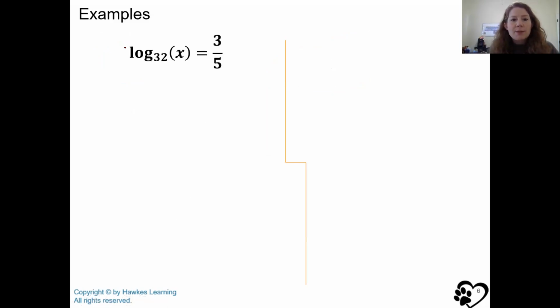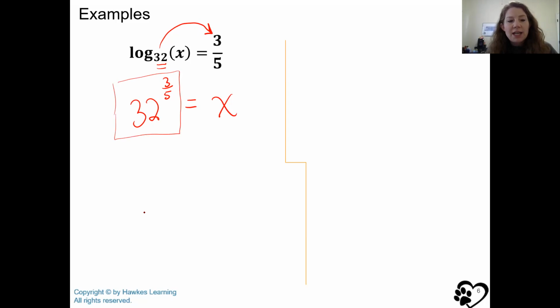All right, so what about this problem? So let's go with our pattern we've started. We're going to take that base. We're going to raise it to this power, 3/5, and that's what x equals. Well, you can plug this right into your calculator, or you could think of it, remember those exponent rules, when we have a number raised to a fraction power, it would be the cubed root of 32 to the 5th power, which you could also plug right into your calculator.